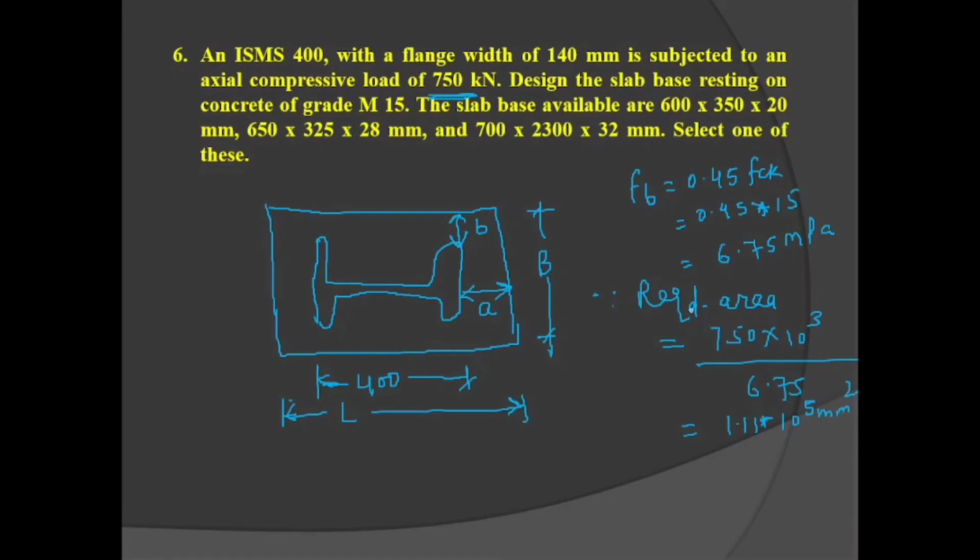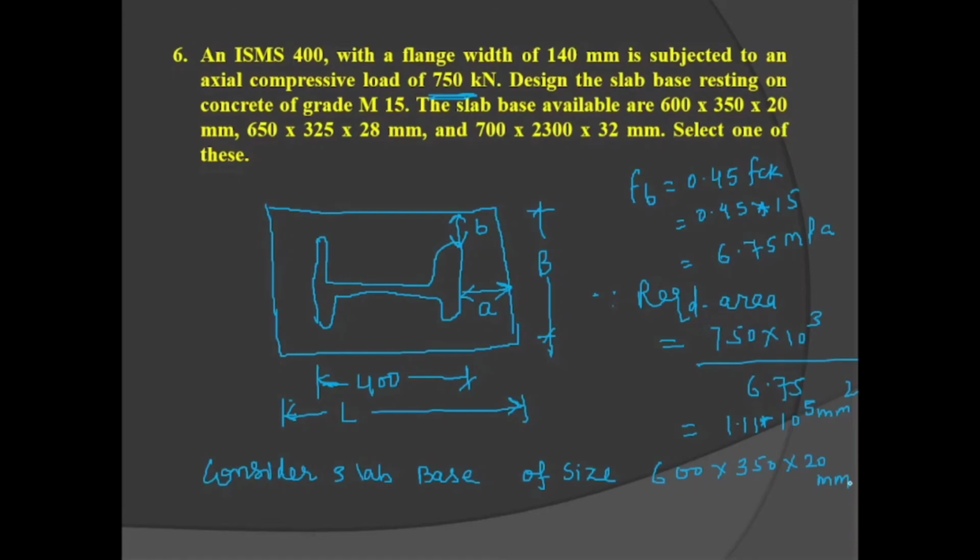You can assume any size of the slab base. Consider a slab base of size, let us assume, 600 by 350 by 20 mm thickness. However, it is a very heavy plate, but we have to assume.